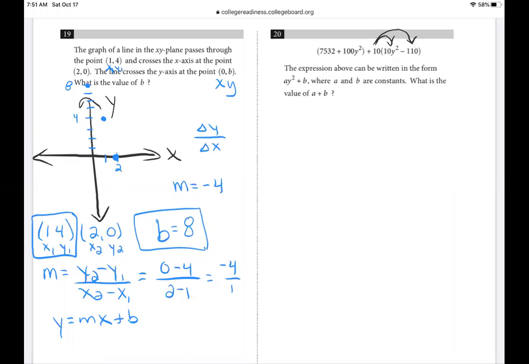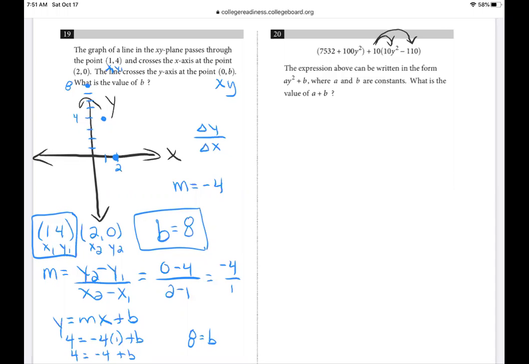If I use the point (1, 4), I would have 4 equals my slope of -4 times my x value of 1, plus b. So 4 equals -4 plus b, and I would add 4 to solve for b, which would give me the 8. So just another way to do it. But again, probably just drawing yourself a graph is a little bit faster.